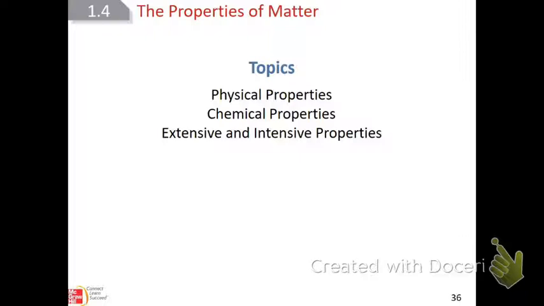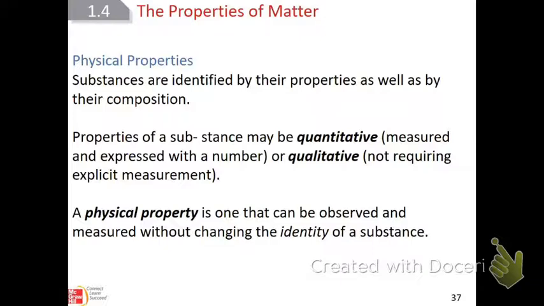Physical properties are things that describe the appearance only, things that are not going to change what the substance is. They're going to only describe the outside of the substance. That is what a physical property does. It describes the outside, things like color, mass, odor, texture.